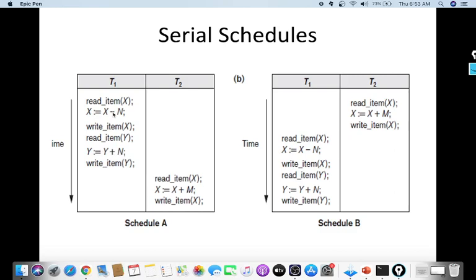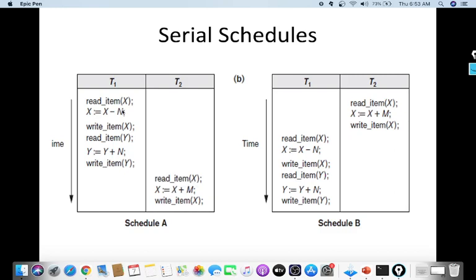Here x minus n is performed, so 90 minus 3 is 87, and y plus n is done, so 93. Then after that we read x again.